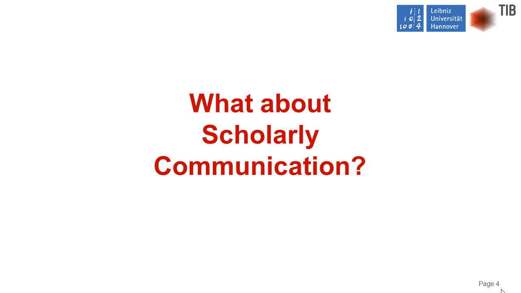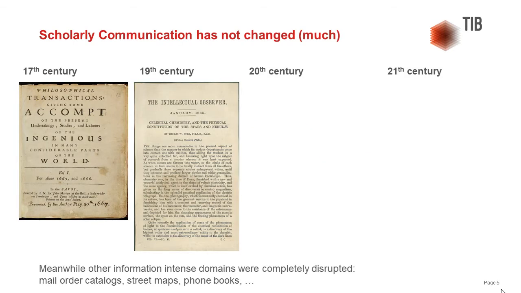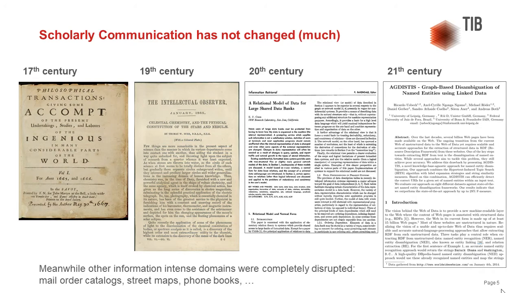What about scholarly communication? Scholarly communication basically hasn't changed over the centuries. If you look back at the 17th century, the Philosophical Transactions of the Royal Society, the typography and layout have changed over the years, and we now can, of course, access publications as PDF documents over the internet, but we still work with the same static publications.